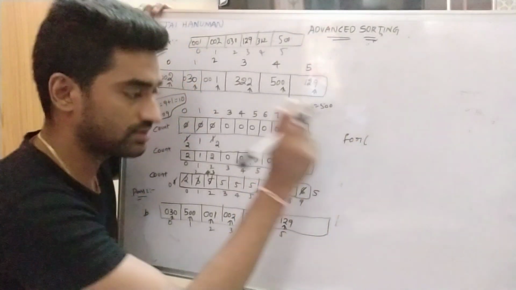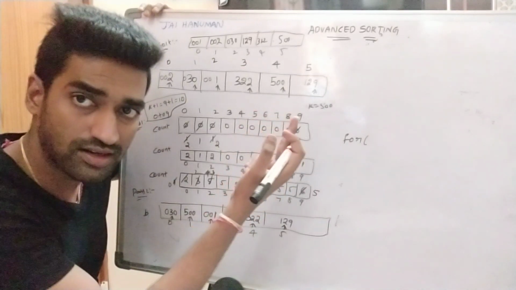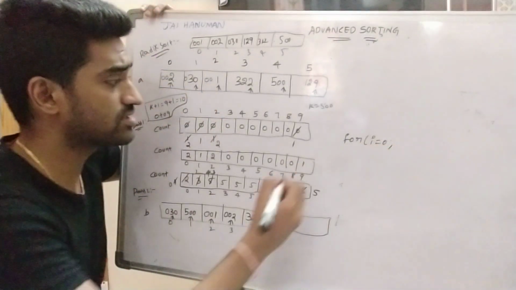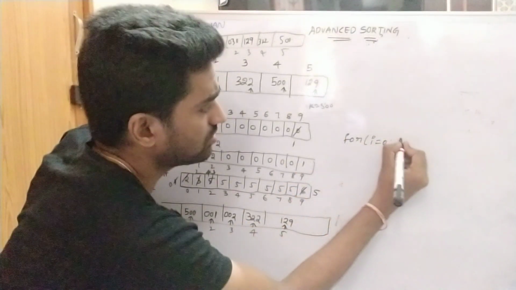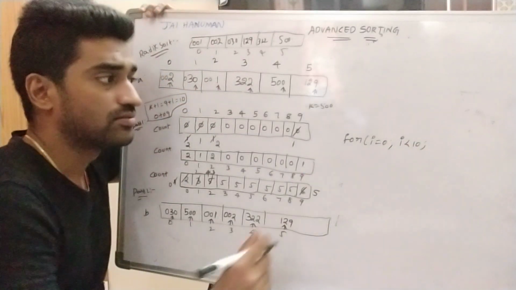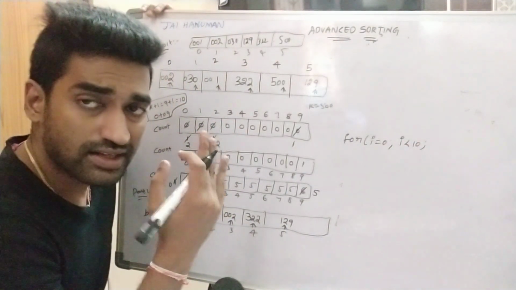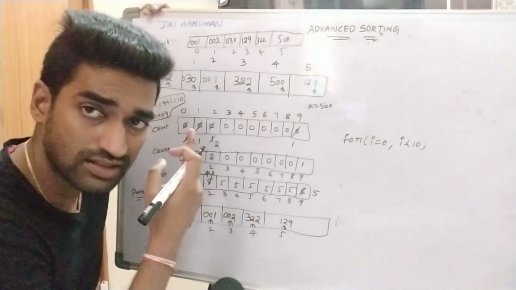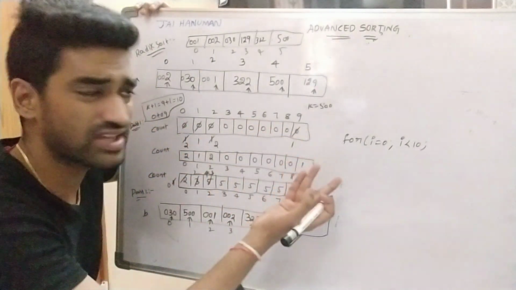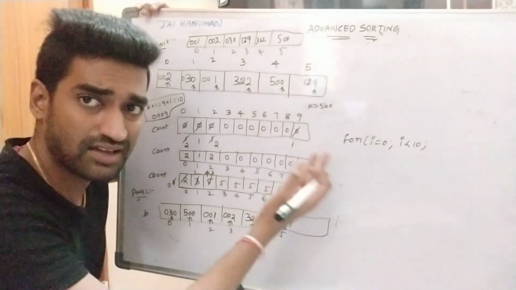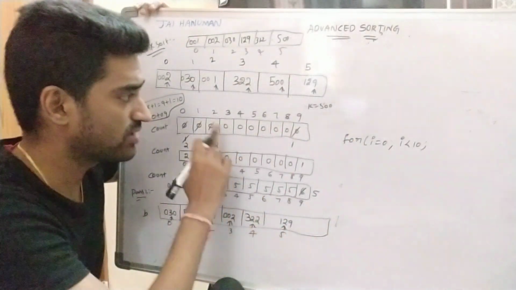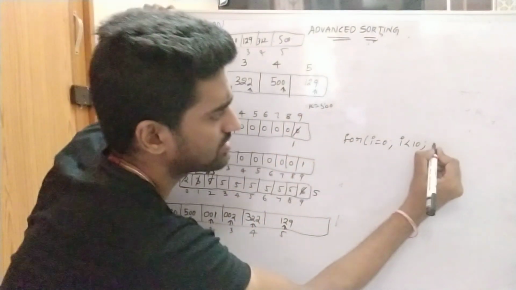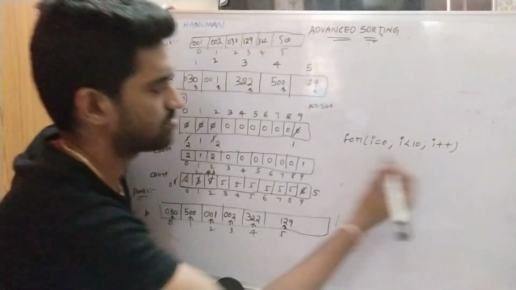This loop is similar to the count sort updation, which starts from 0: i equal to 0, i less than 10. Normally it would be i less than or equal to k, because based on the k value we create the count array size, but here the size is fixed, so there is no need to use the k value. We can update the count array up to 9 values only, so i less than 10, i plus plus.